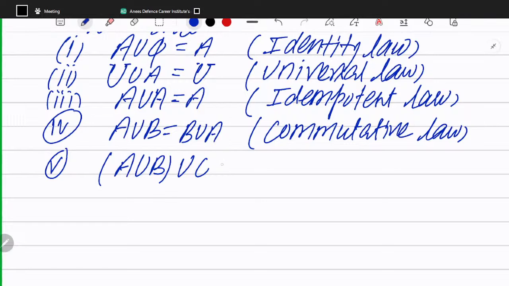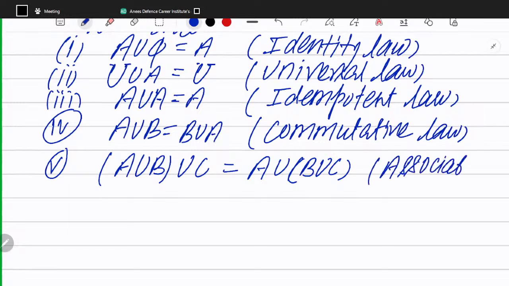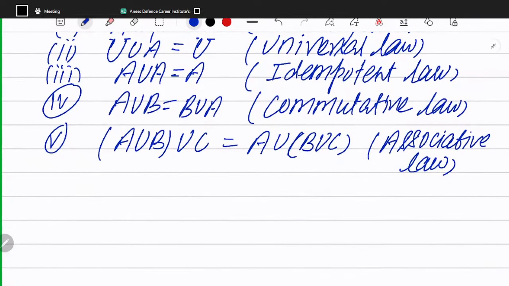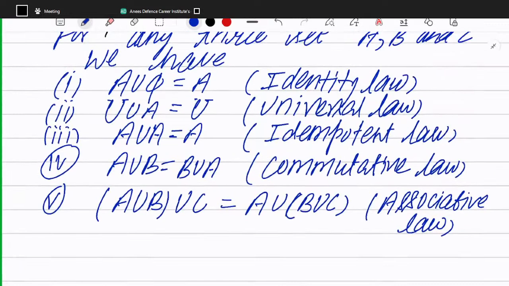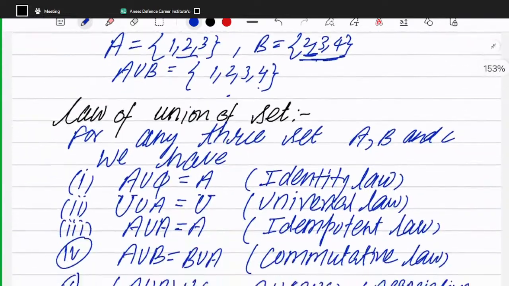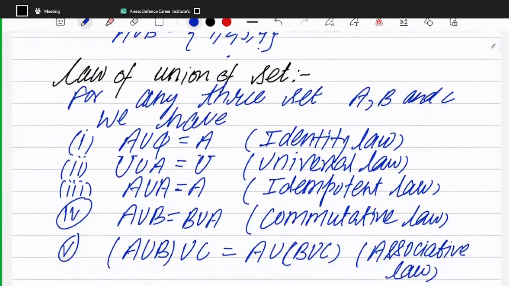A union B union C is equal to A union B union C, that is associative law. These are some fundamental properties related to union.